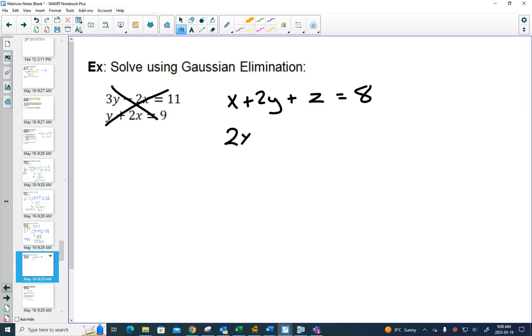And 2x minus y plus 2z, that's going to equal 6. And x minus y minus z is going to equal 0.